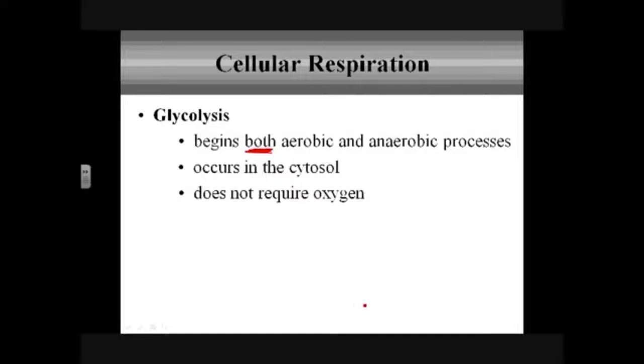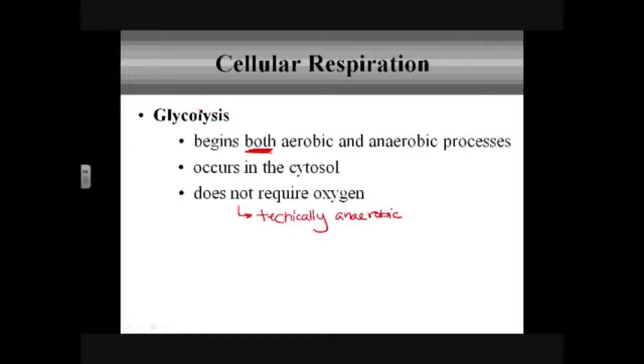It occurs in the cytosol, which we should also know we're referring to like the cytoplasmic area, and it does not require oxygen. So technically, it's anaerobic because there's no oxygen needed. So it's technically anaerobic, but it's a step in both of the different processes.